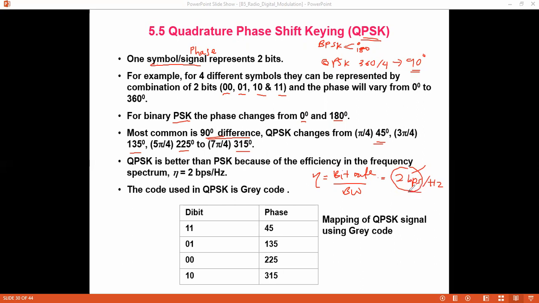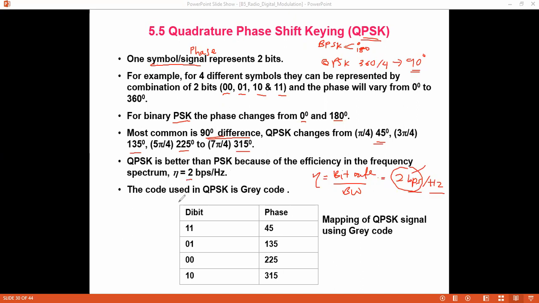The unit is bit per second per hertz. For QPSK, since we use 2 bits, the efficiency is 2 bits per second per hertz.